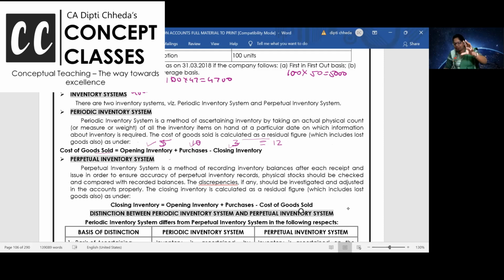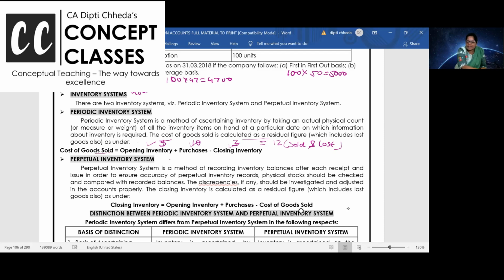Opening 5 bags were there, 10 more added, 15. Now is it sold or lost? Right now only 3 are there. So 12 may include sold also and lost also. Write down this example. Opening inventory is 5 bags.